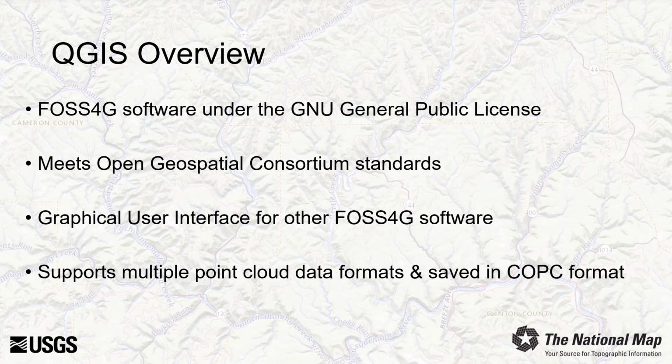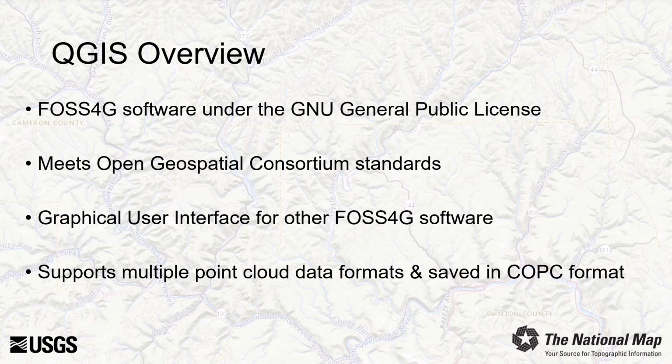QGIS is a widely used free and open source software for geospatial applications, or FOSS4G, under the GNU General Public License. It meets Open Geospatial Consortium (OGC) standards and can act as a graphical user interface for other FOSS4G software like GrassGIS and Geospatial Data Abstraction Library (GDAL).